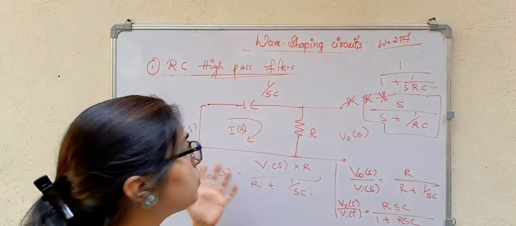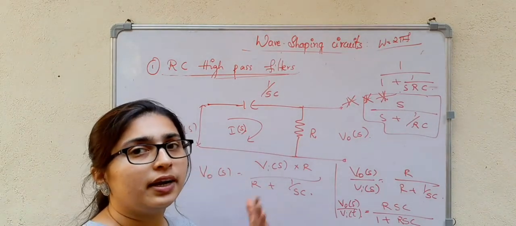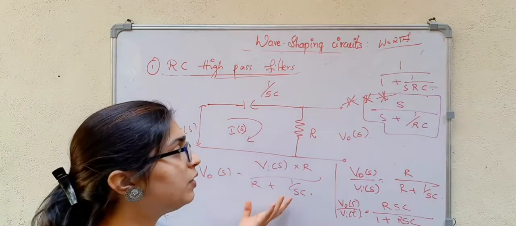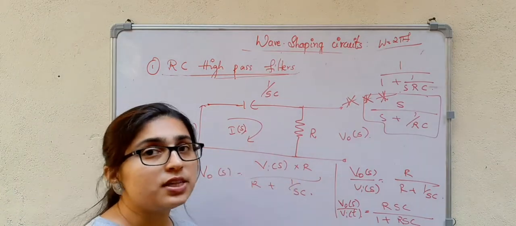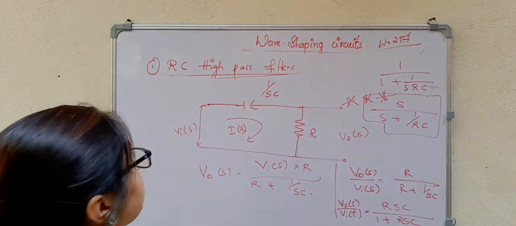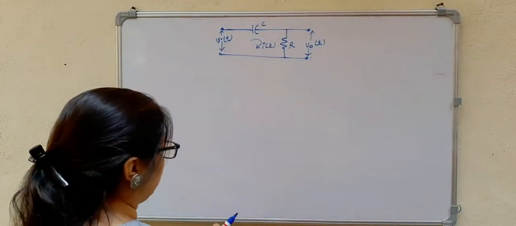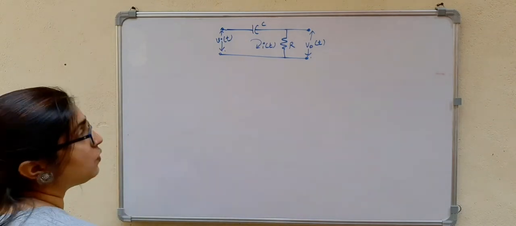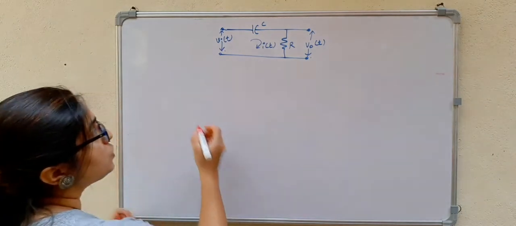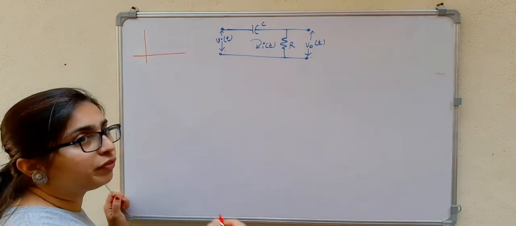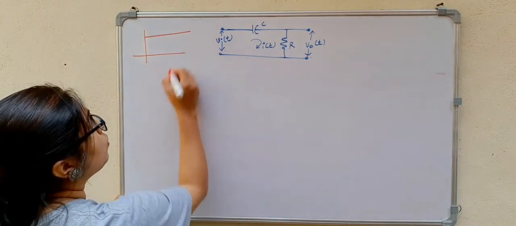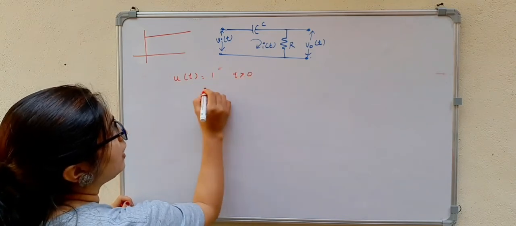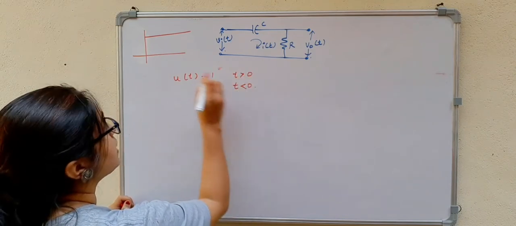So this is with the sinusoidal input, and let us take step input and square input. Then we will see what the response of this RC high pass filter is. Now let us take the step input to this RC high pass filter. The step input is nothing but u(t), which is equal to 1 for t greater than 0 and equal to 0 for t less than 0.